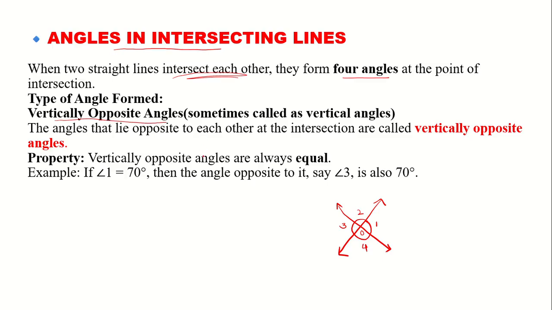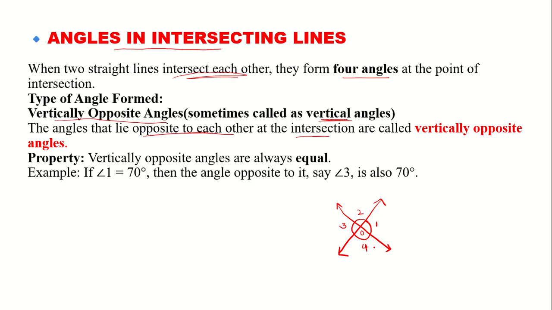These are the angles that are directly opposite to each other at the intersection, and they are also called vertical angles. What are vertically opposite angles? Vertically opposite angles are the special type of angles that are directly opposite to each other.